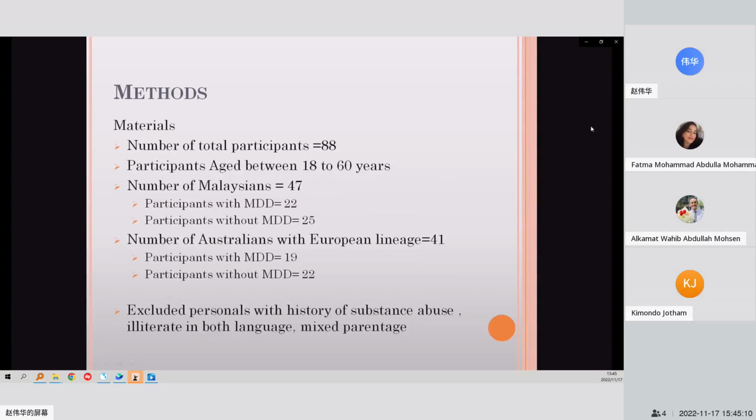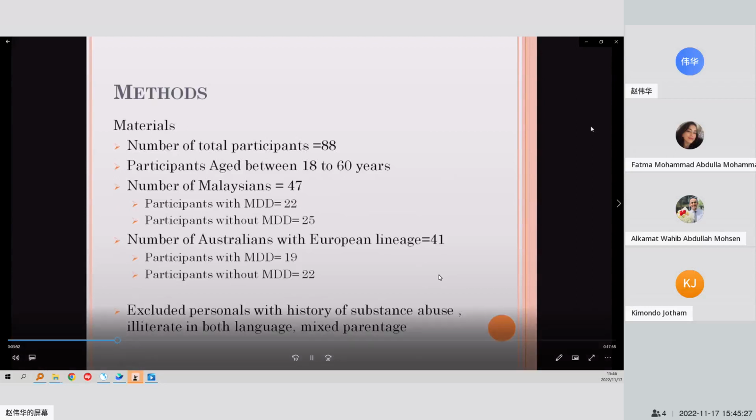The methods that were used in conducting this study are shown here. A total of 88 participants were involved, aged between 18 and 60 years old.